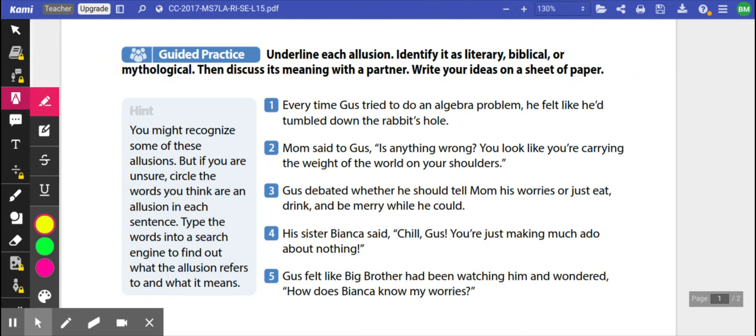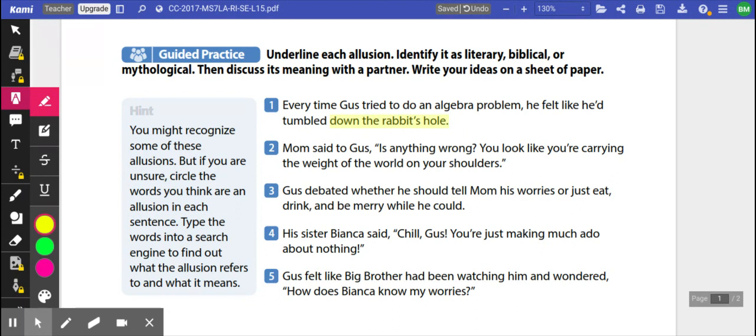So down here at the bottom in our guided practice, it says underline each allusion, identify it as literary, biblical, or mythological, then discuss its meaning. Well, you don't have a partner, and this is just us, so I'm going to help you out. Number one, your allusion is going to be down the rabbit hole, and you've got to tell me if it's literary, biblical, or mythological.